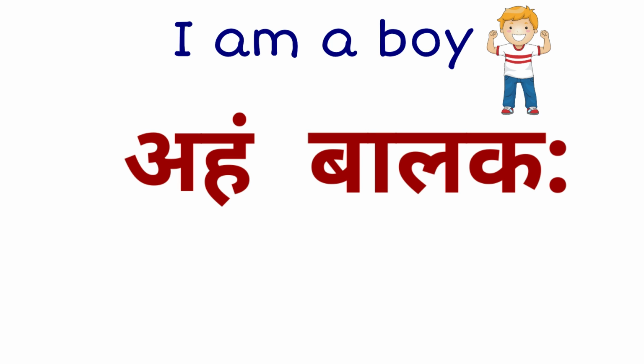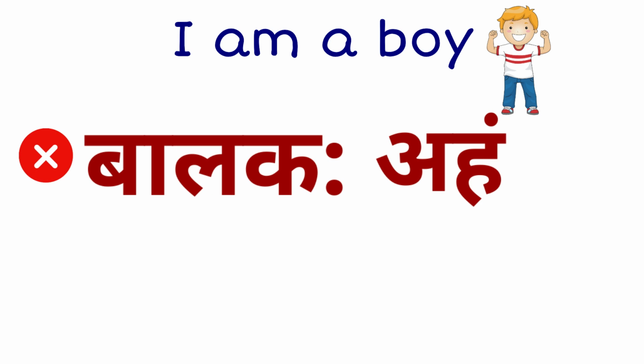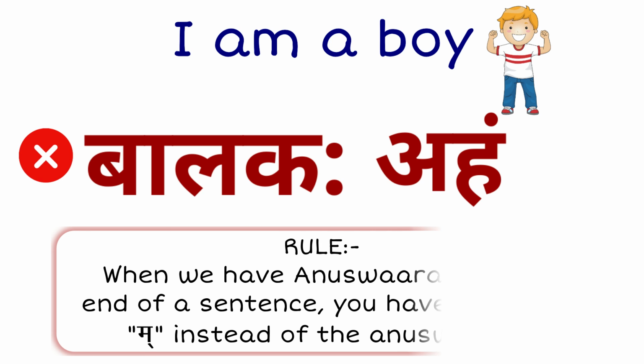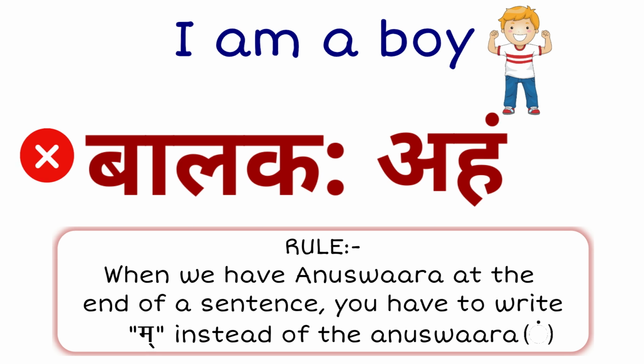Now here is the sentence. Aham balakaha. If I bring balakaha before aham, that is balakaha aham, then this is a wrong way of writing, because there is a rule in Sanskrit language that when the Anuswara is at the end of the sentence, you have to write the halant ma instead of a simple dot on top of a letter.